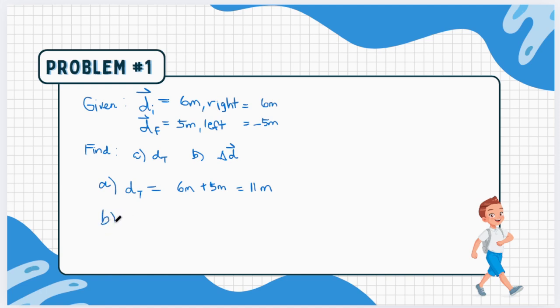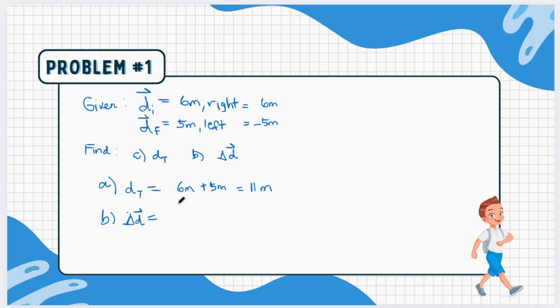So, next, let's look for the displacement. So, again, the displacement is the shortest straight line distance between the initial position and the final position. Kaya meron tayong mga reference points. So, therefore, what we need to do there is to get the vector sum.